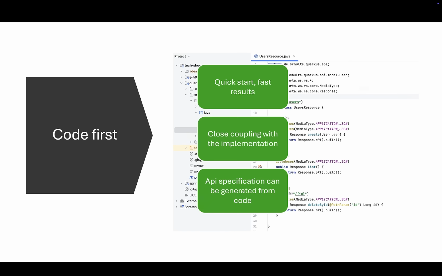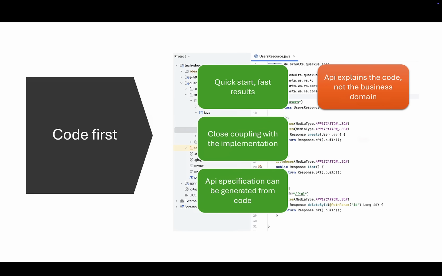The design of the API follows the code structure, not a conscious technical modeling. This often leads to endpoints being inconsistent, resources being named technically, which may not be suitable for consumers of the API, and technical concepts not being clearly recognizable in the API. In short, the API explains the code, not the domain. This is what the API actually does.